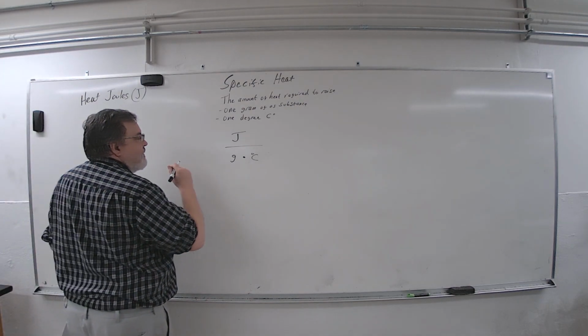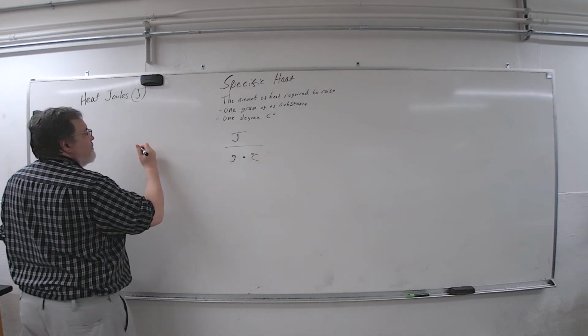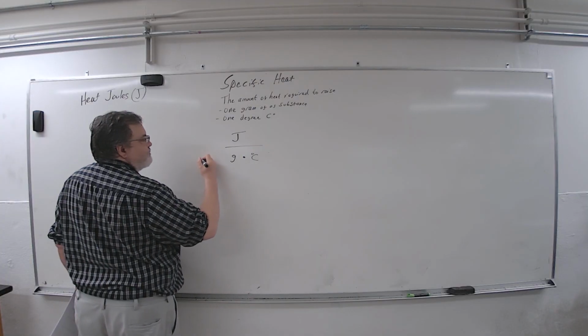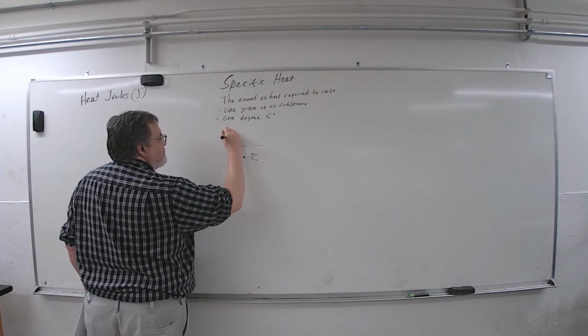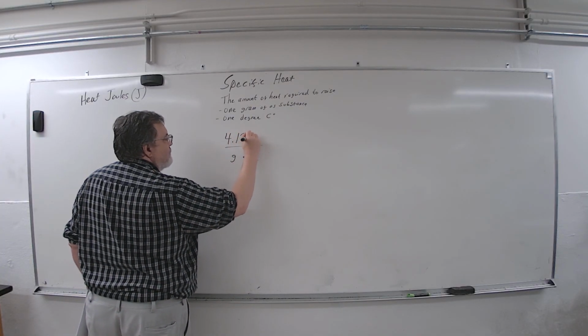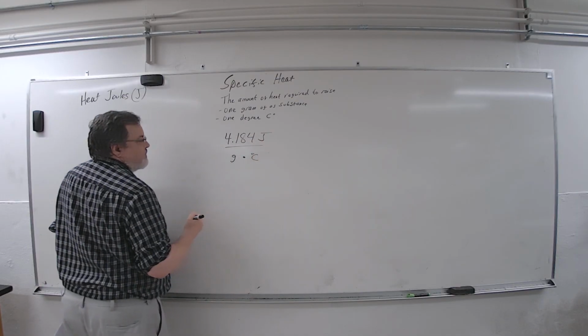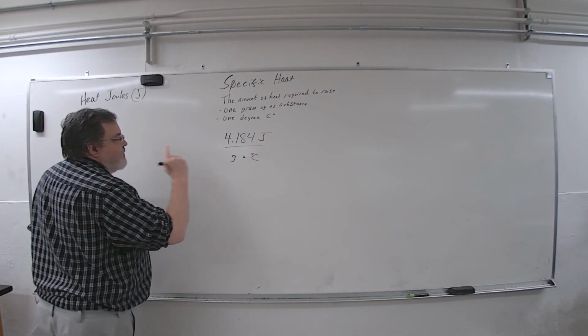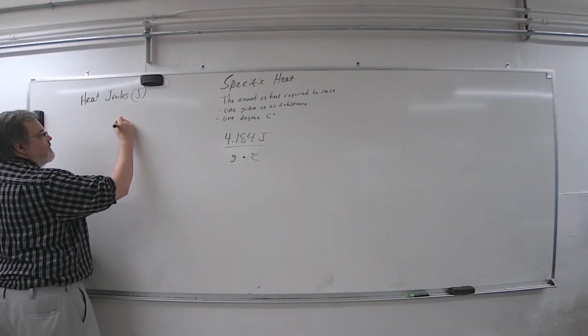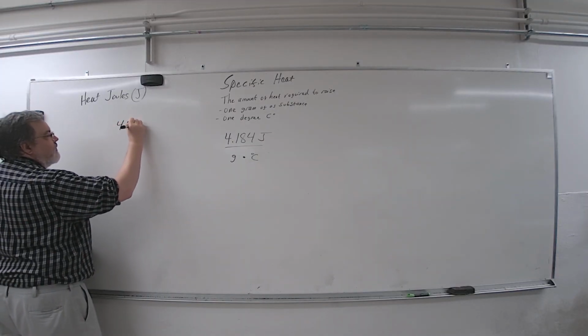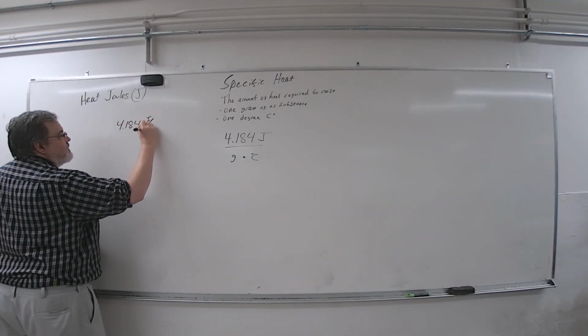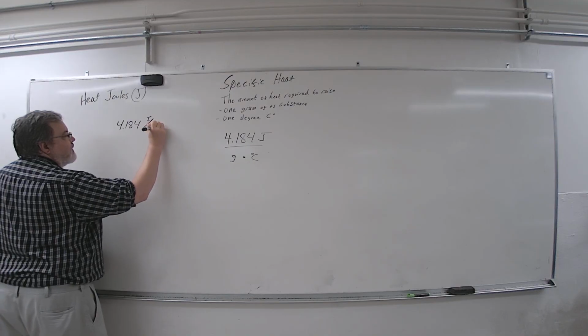And for water, it's joules per gram per degree C. Usually when you see this written, you'll see 4.184 J, G, degree C.